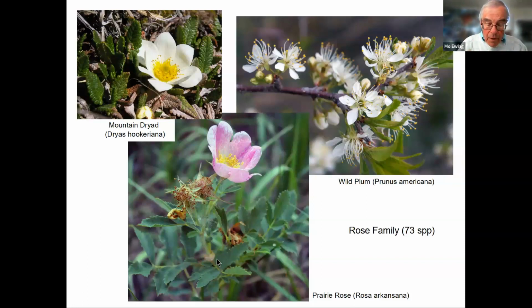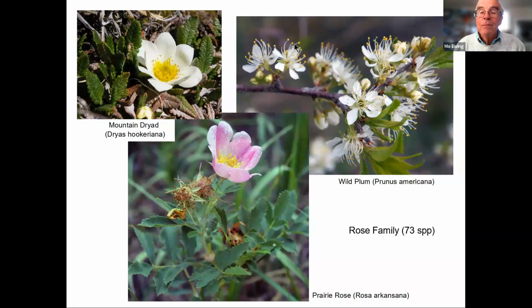And then wild plum, Prunus americana, this is in the almond subfamily. And the almond subfamily is described by Ackerfield as having, they're usually shrubs with foamy looking flowers, dense clusters of small, usually white or pink flowers, and dangling stamens.